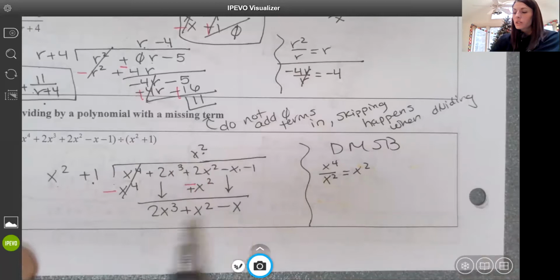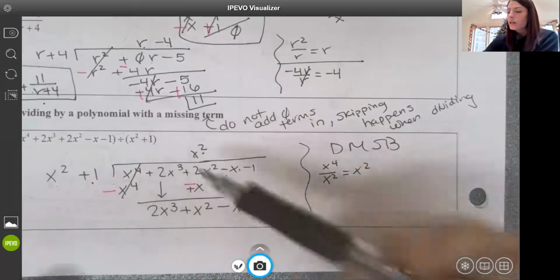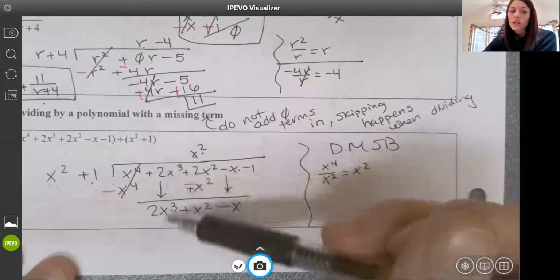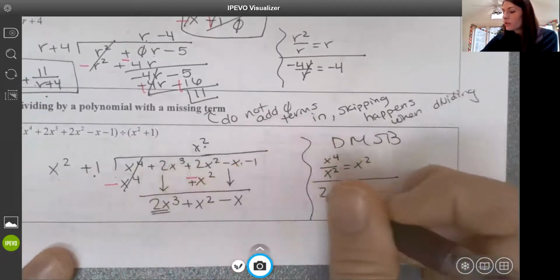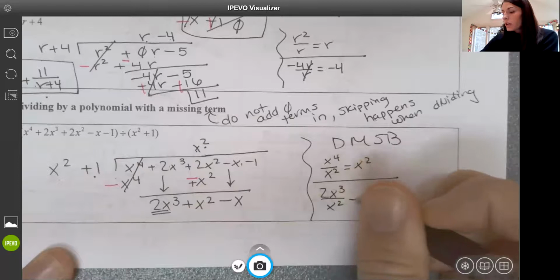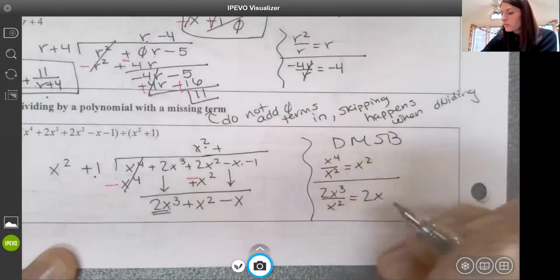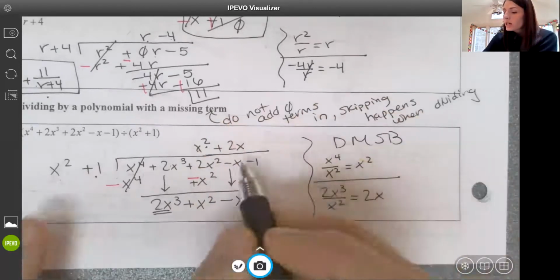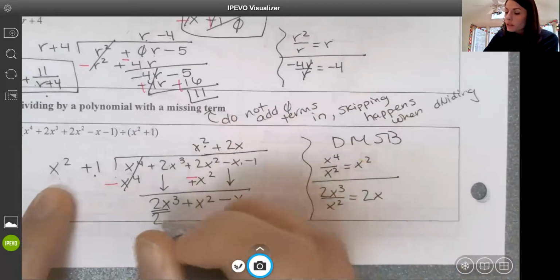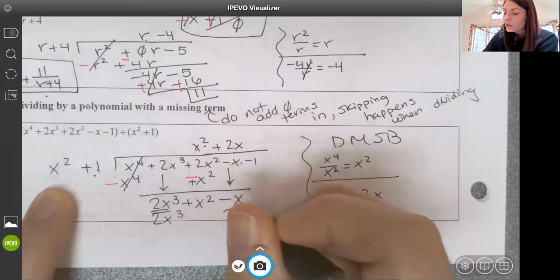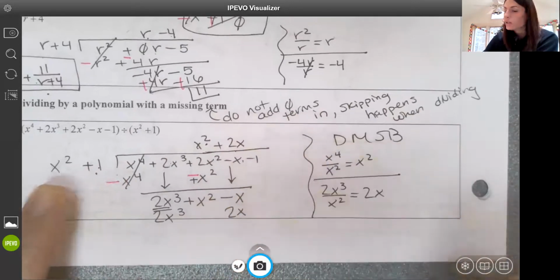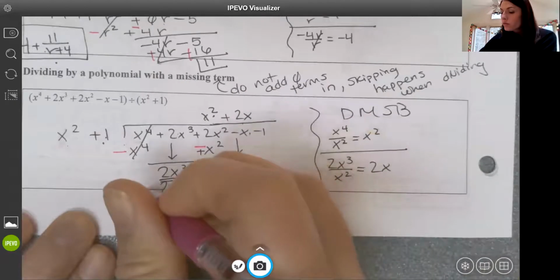So I'm still going to have a skip again. That's really important to note, and that's okay. I just don't lose that term that was skipped over. Now my leading term is 2x cubed. Divide that by x squared is 2x. Taking that 2x and multiplying out front, that's going to give me 2x cubed. 2x times 1 is 2x, making sure I write it underneath the correct like term.